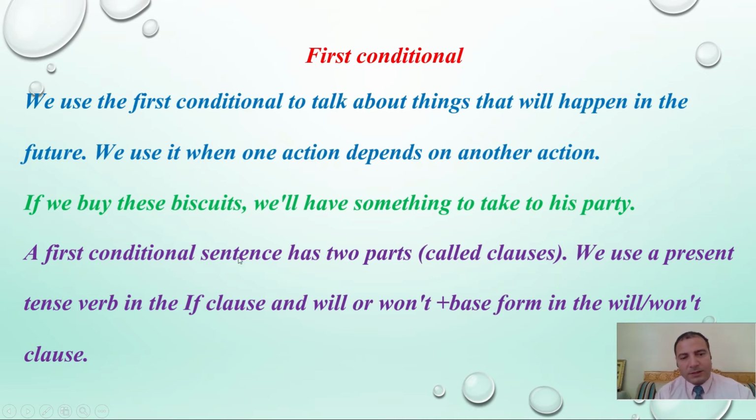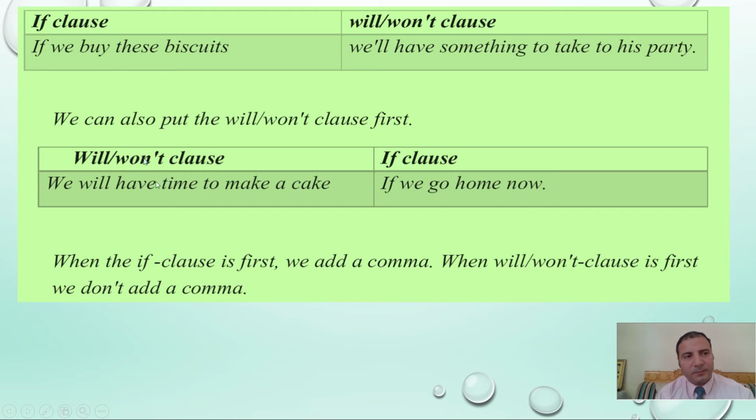A first conditional sentence has two parts called clauses. We use a present tense verb in the if clause and will or won't plus the base form in the will or won't clause. So the sentence has two parts.